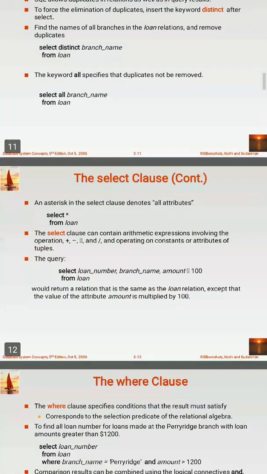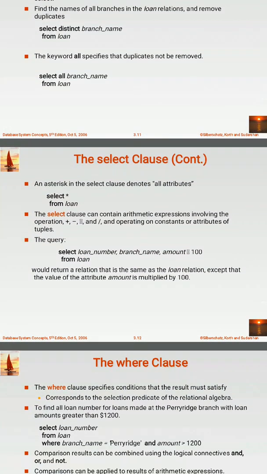An asterisk in the select clause denotes all attributes. For example, select star from loan. Star means all attributes are selected from the loan table. The select clause can contain arithmetic expressions involving the operations plus, minus, multiplication and division, operating on constants or attributes of tuples.